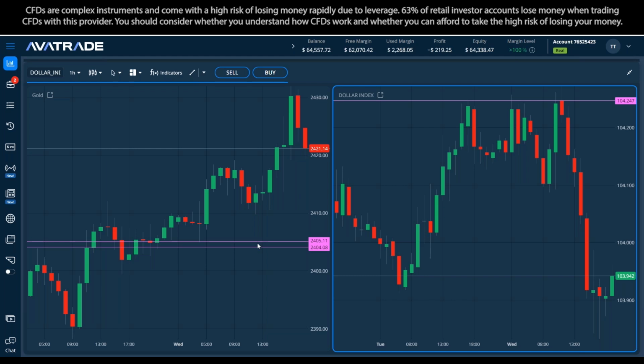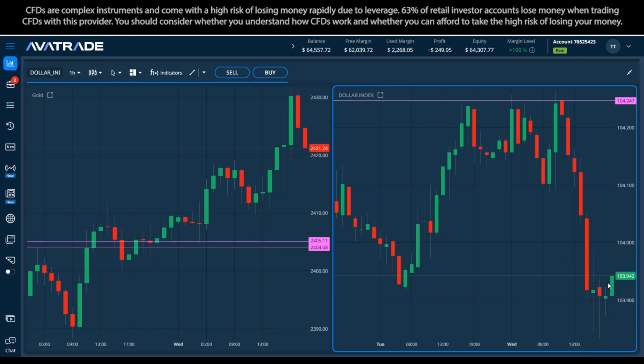As the US dollar is strengthening and going up, gold tends to go down, and vice versa. As the US dollar is weakening and dropping, gold tends to go up.